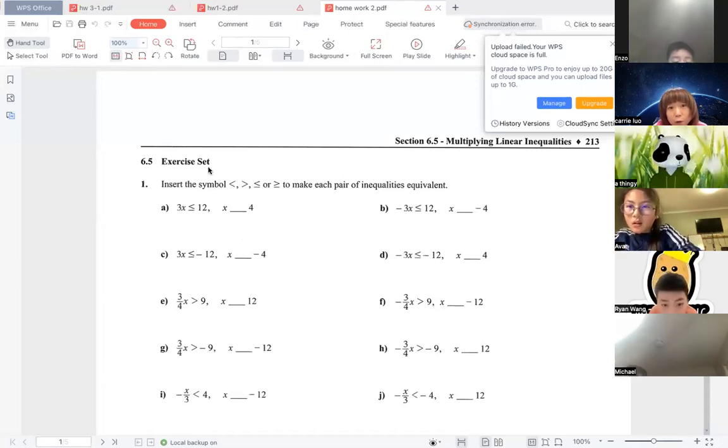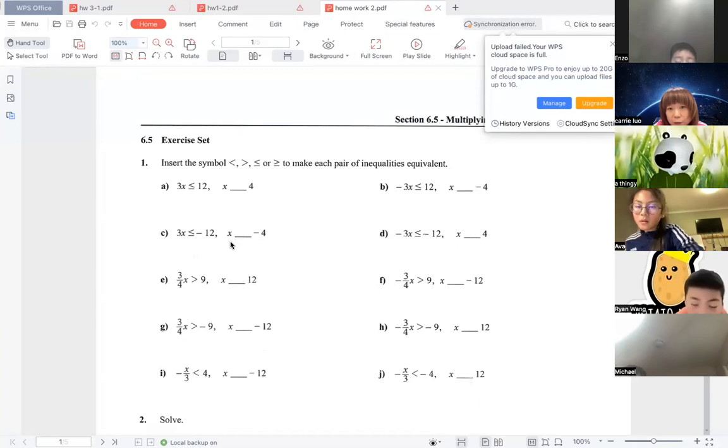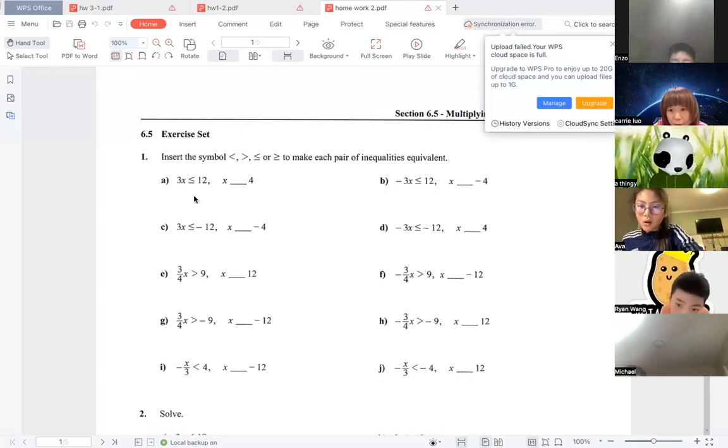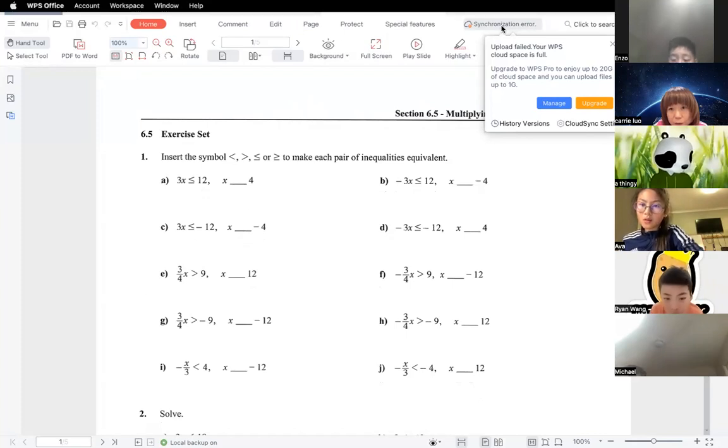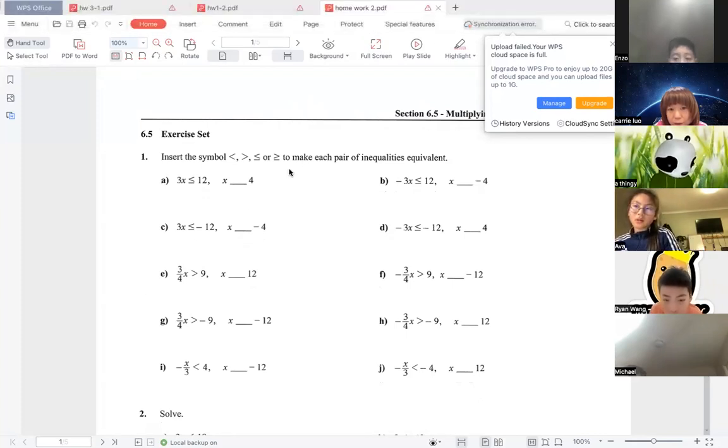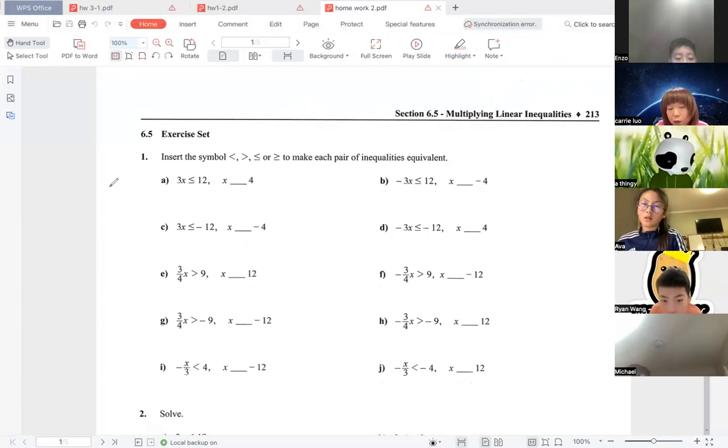Before, we were always learning about the equal sign, right? That means two of them are equal to each other. But this time we're learning bigger or equal, smaller or equal, or bigger or smaller.